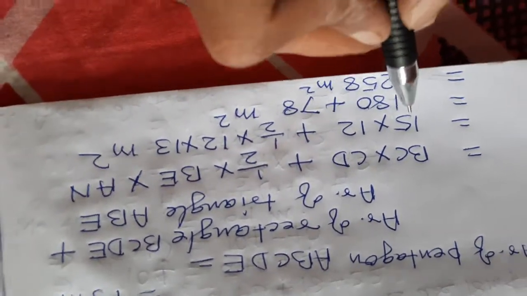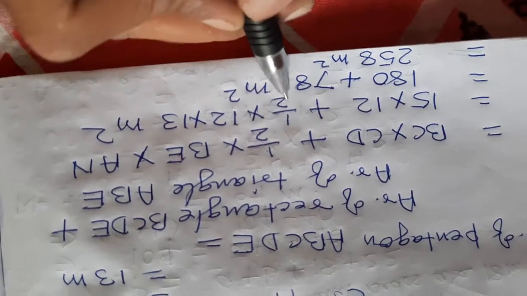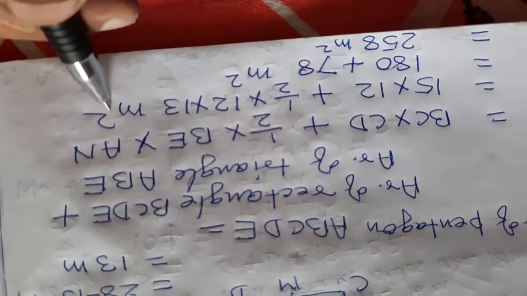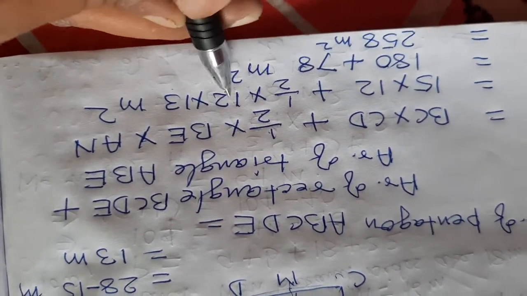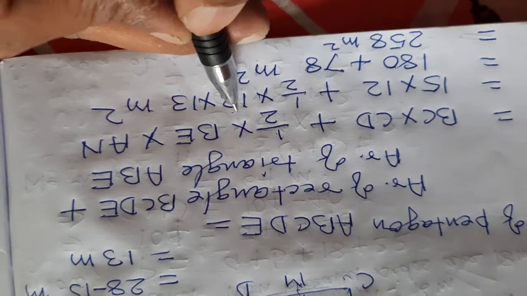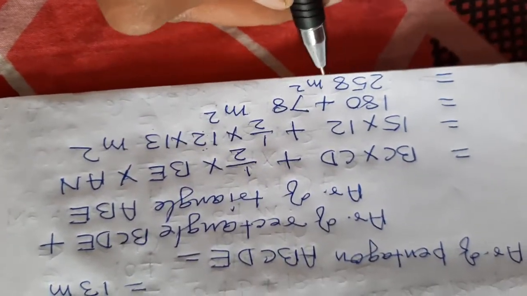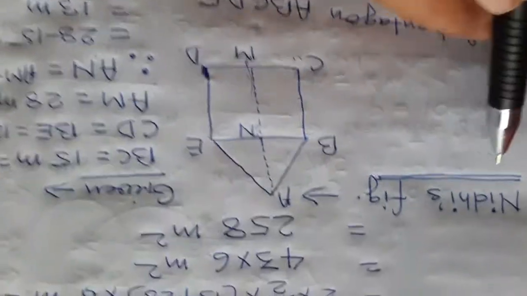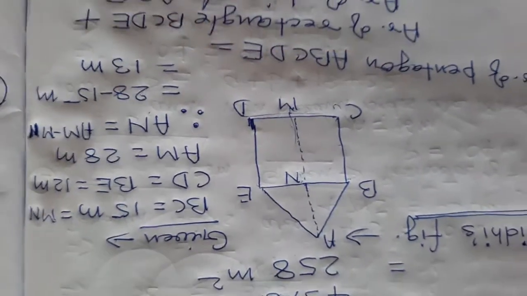Putting values, we get BC 15, CD 12, 15 into 12 plus 1 by 2 into BE 12 into AN 13 meter square. 15 into 12 is 180, plus 6 into 13 is 78 meter square, that is equal to 258 meter square. Hence both Nidhi and Neha get the same area, 258 meter square, for this pentagon.